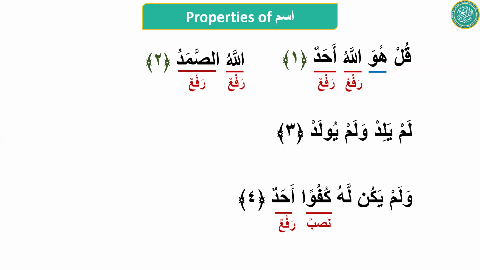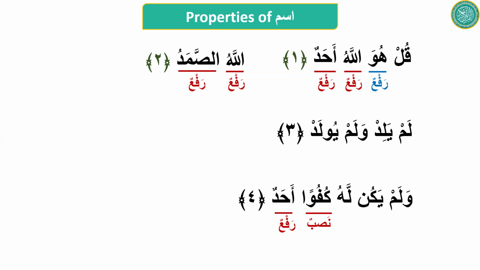What about the attached pronouns? That will come later. At this stage, I'm just going to tell you that for pronouns, we have a different set of rules for telling the status.